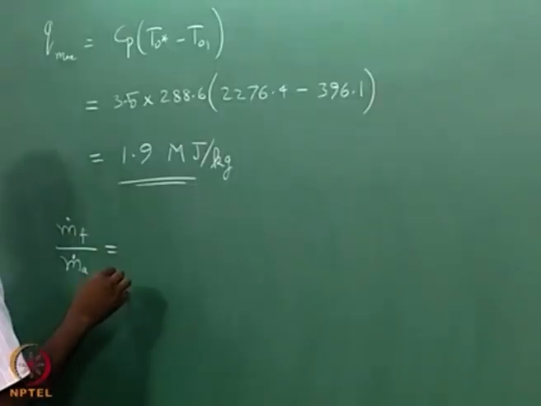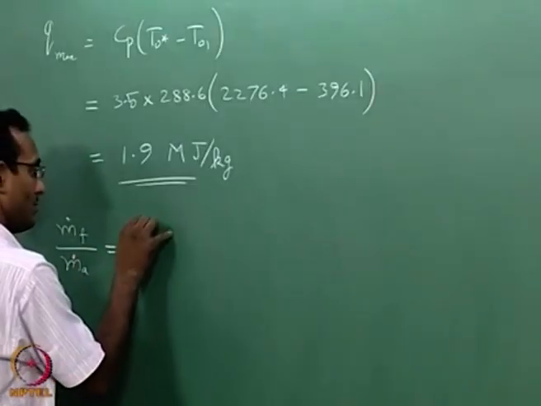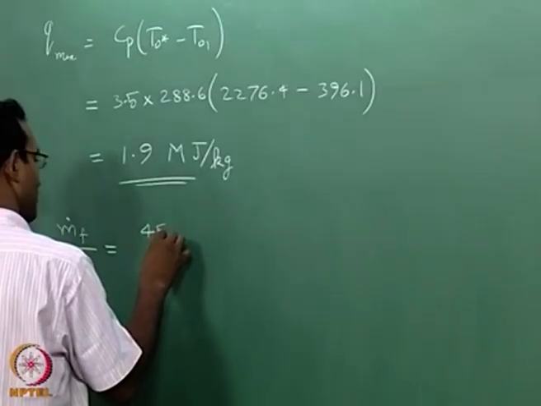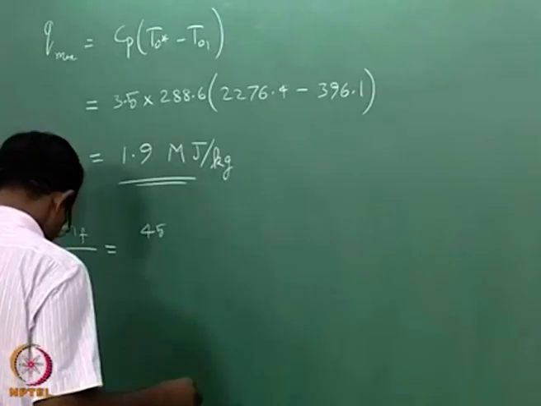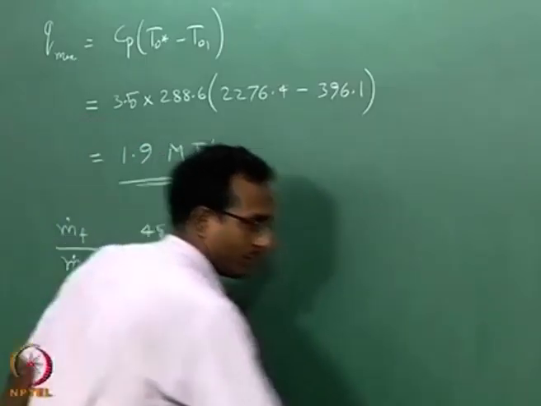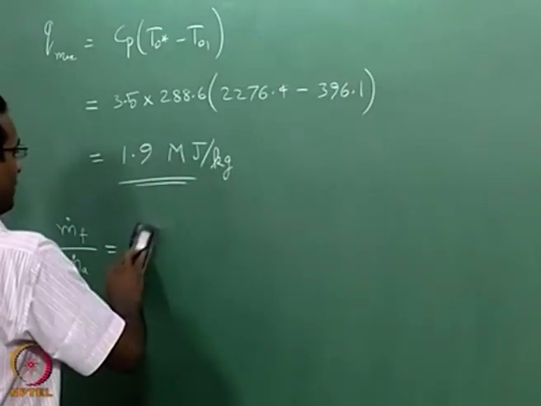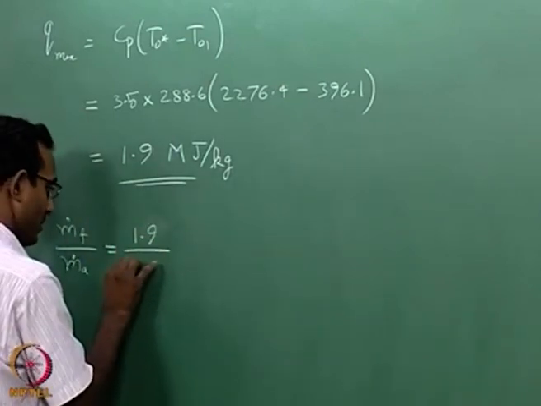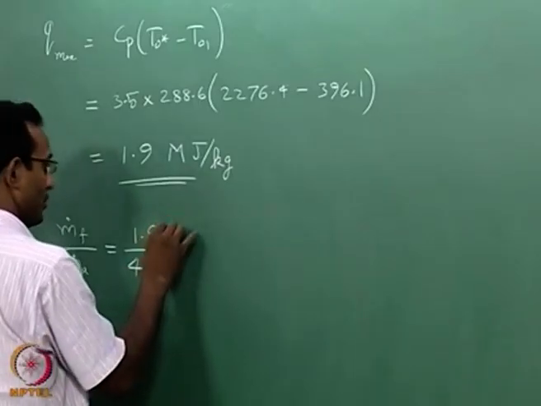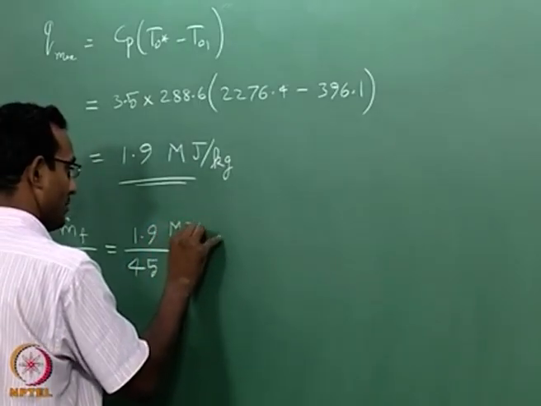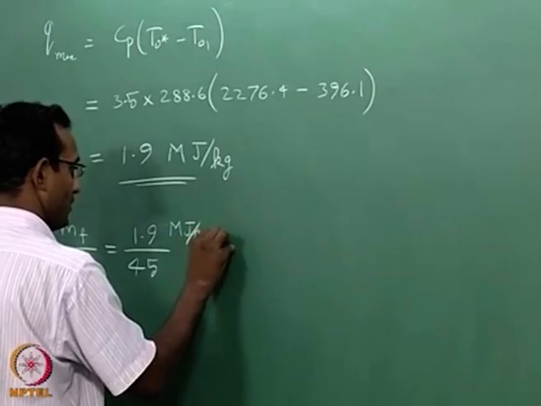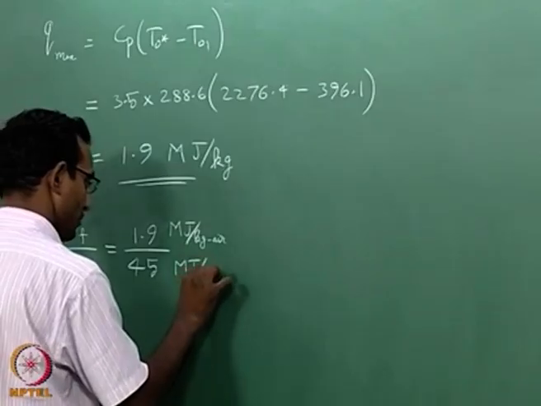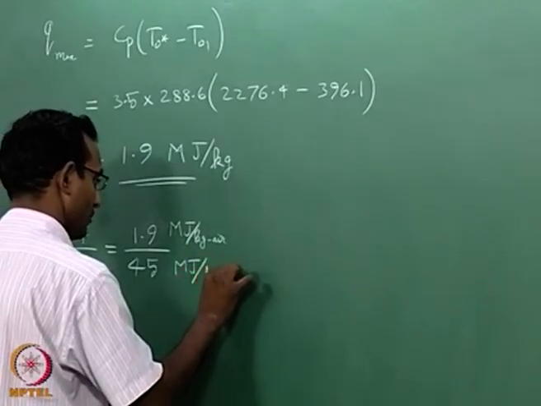Okay. This is going to be: I want to have kilogram of fuel, I want to have that much heat produced, so I have to divide by the heating value, 1.9 divided by 45. I will put the units so that it makes things clear: megajoules per kilogram of air, divided by megajoules per kilogram of fuel.